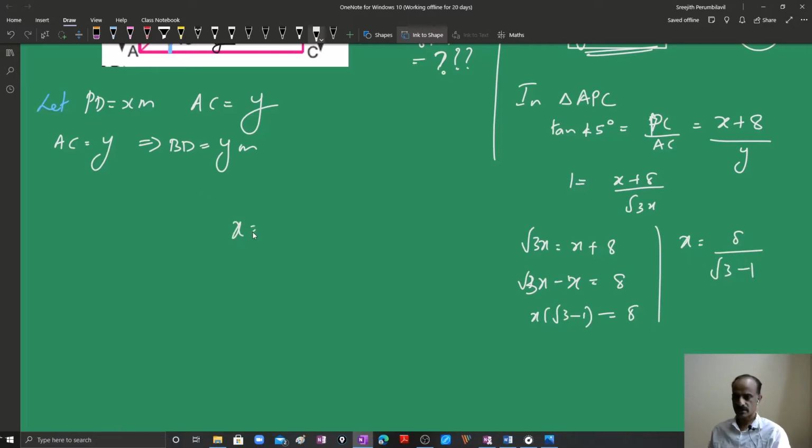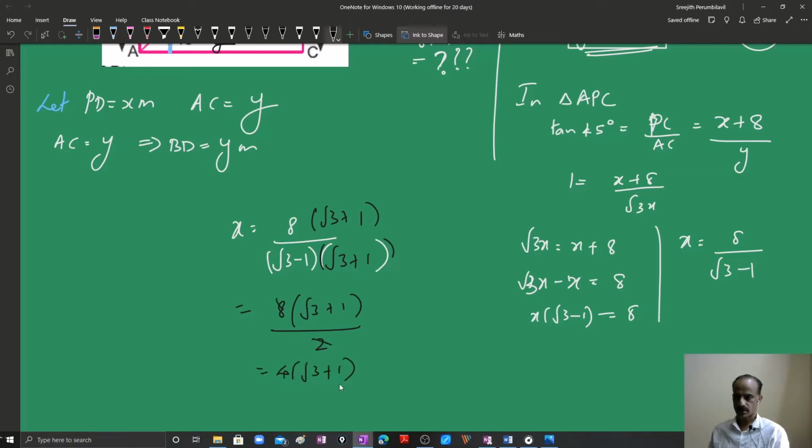What we do is rationalize the denominator by multiplying by the conjugate, root 3 plus 1. That is 8 into root 3 plus 1 divided by 3 minus 1, using a plus b times a minus b equals a squared minus b squared. 3 minus 1 is 2, so 2 will cancel, giving 4 times root 3 plus 1.